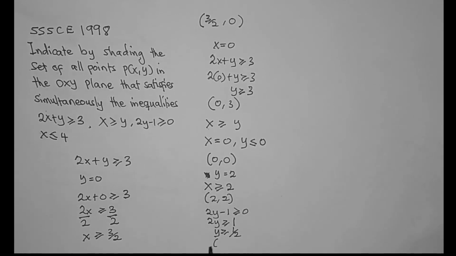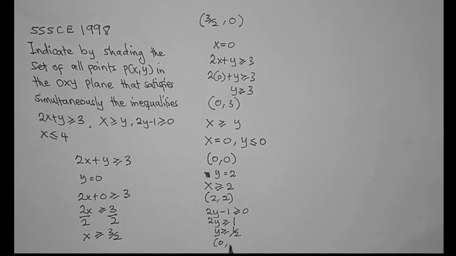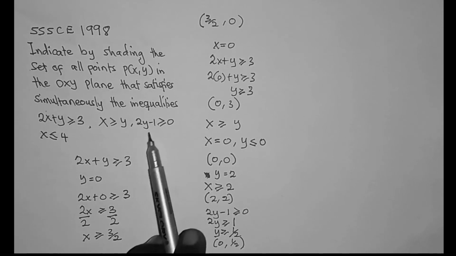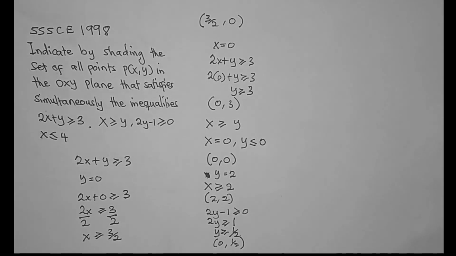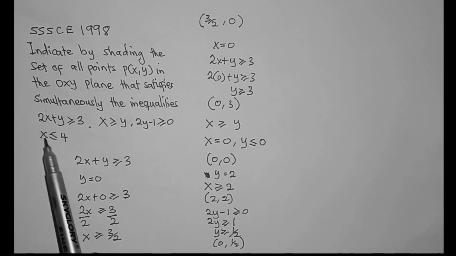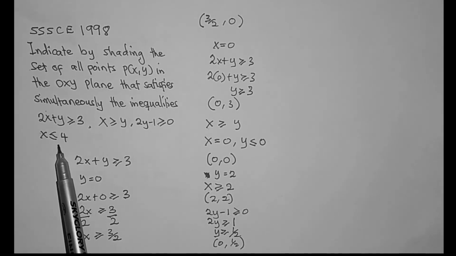So we have the point 0 and 1 over 2 as one of the coordinates on this line. Then we have the inequality x is less than or equal to 4.